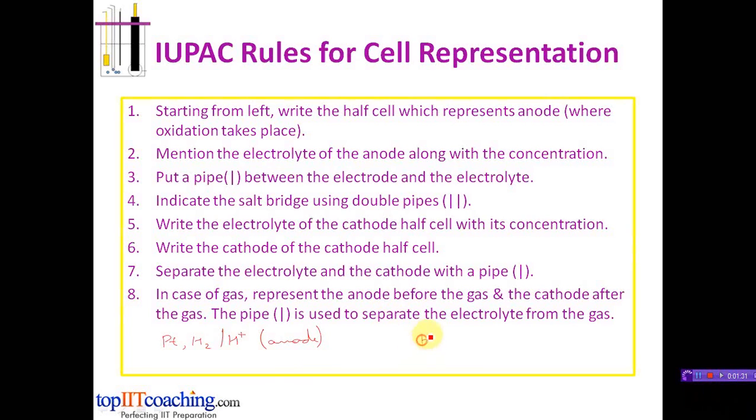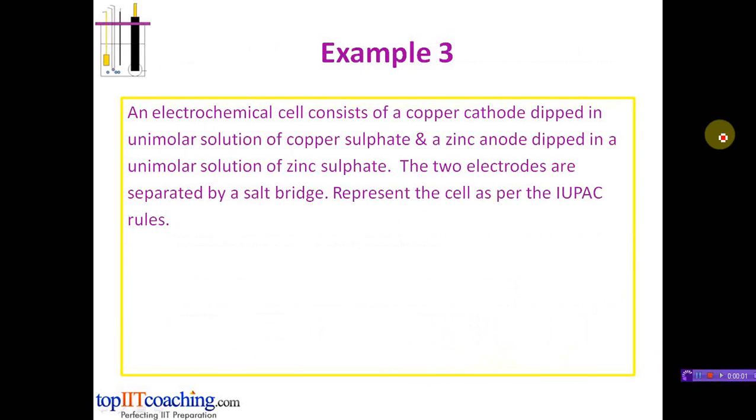In case of cathode, we are going to write the gas, then the electrolyte, and then the cathode. So, as we discussed, we represent the anode before the gas and the cathode after the gas.